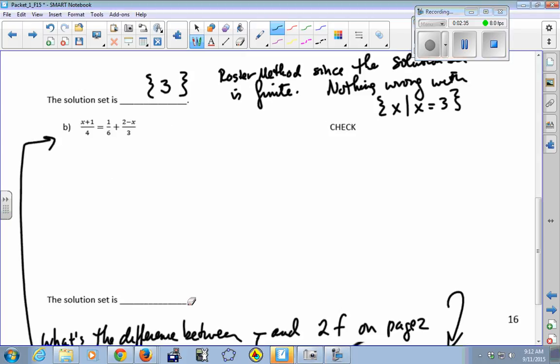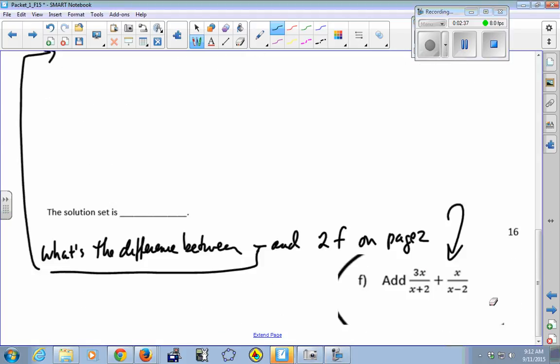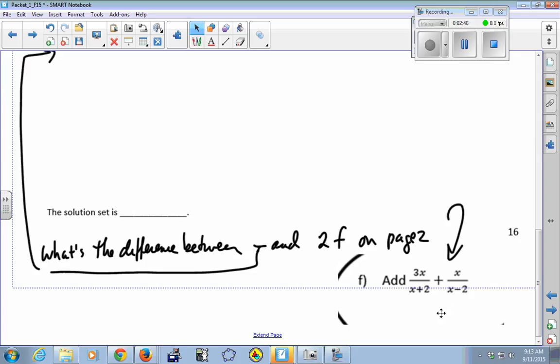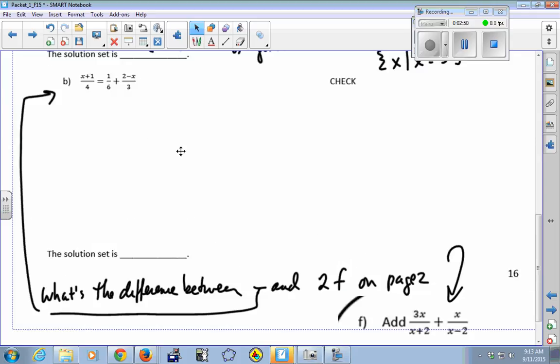Is B like this problem? No. B, this is not like that. Why? B is an equation.